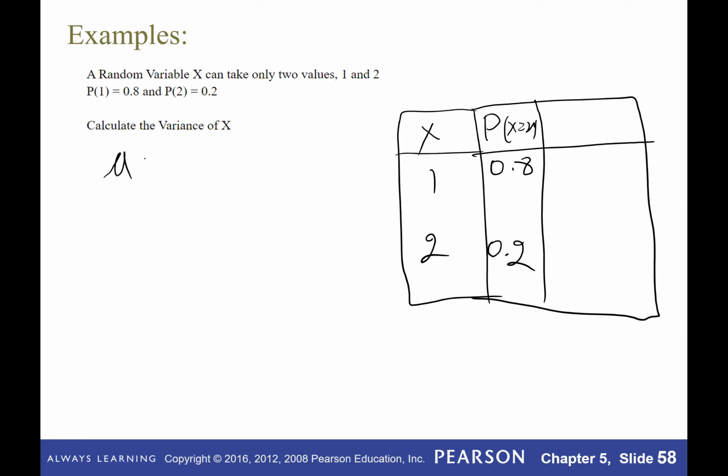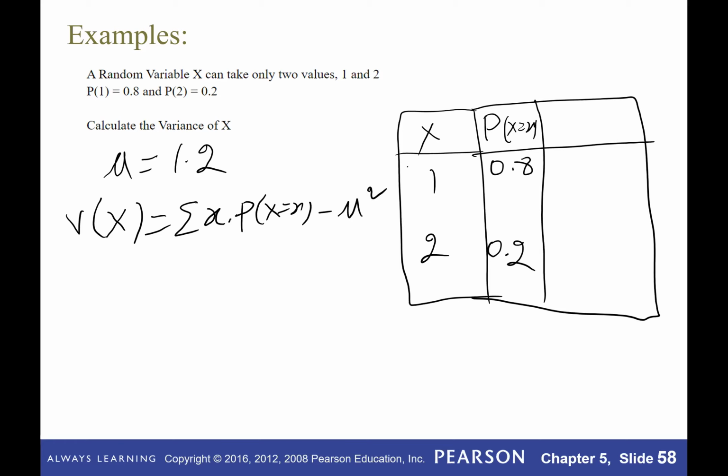We already know mu from the previous example, which is 1.2. And we know that the variance of x is the summation of x squared times p of x minus mu squared.